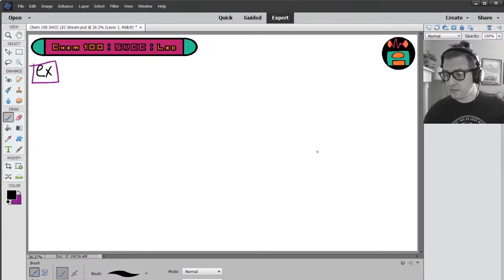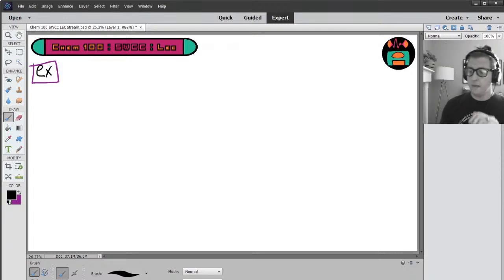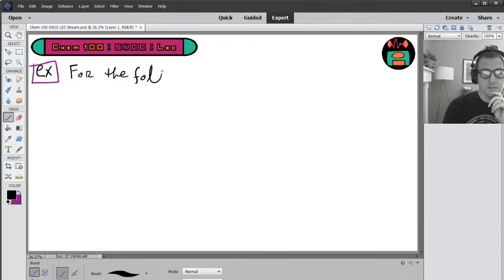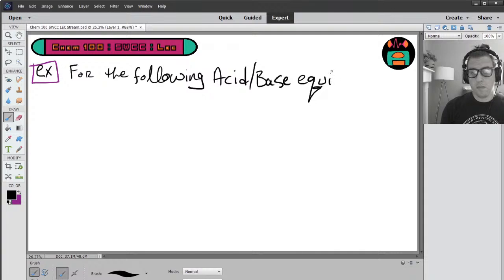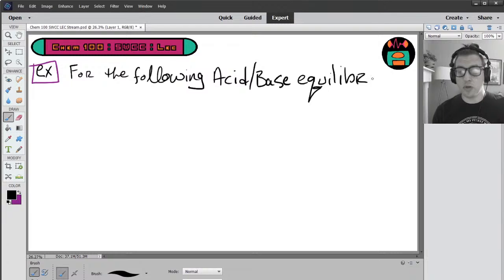Alrighty, so for the following acid-base equilibria, or I should say equilibrium, because it's singular.